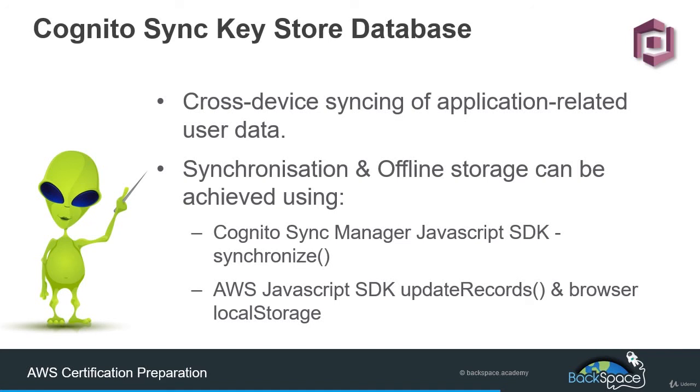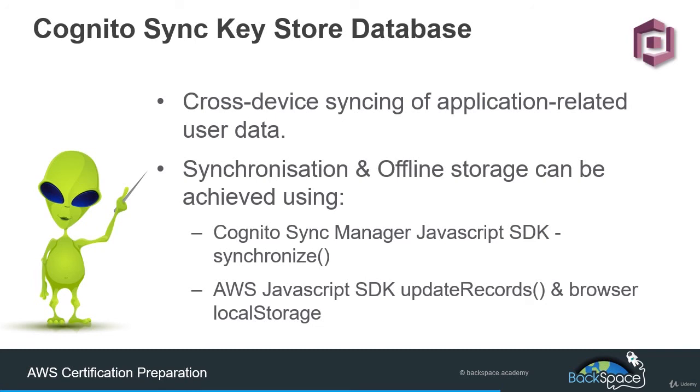Now, it can also be used for synchronization across multiple devices, but also for offline storage. So with the Cognito Sync Manager JavaScript SDK, you can do that just by using Synchronize. And what it will do is it will update the local storage of that browser to coincide with what the Cognito server is saying.